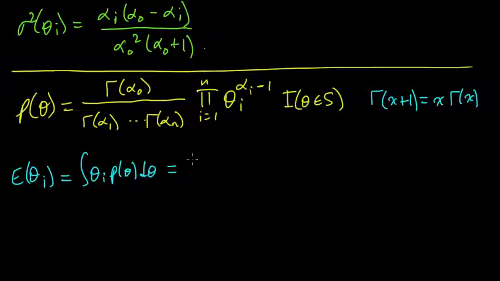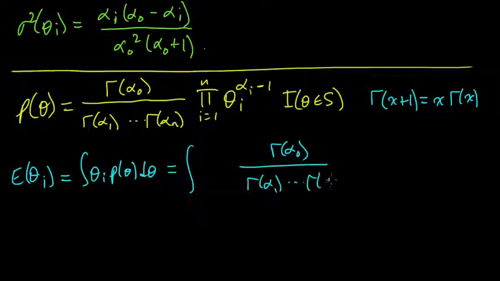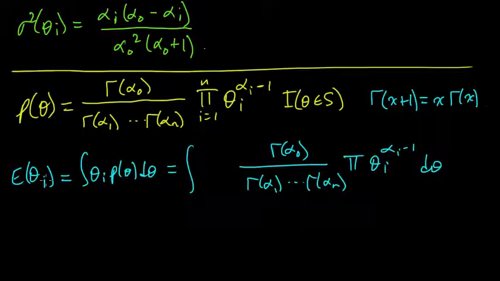So what is this? Let's plug in our definition here. So let's put gamma alpha 0 over the product of the gammas, and let's just do it for the first coordinate.